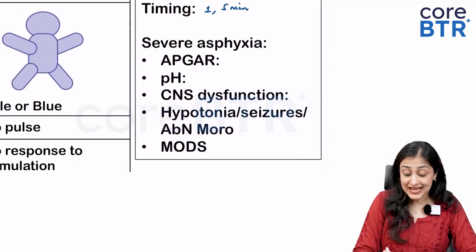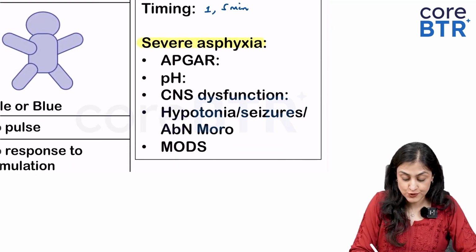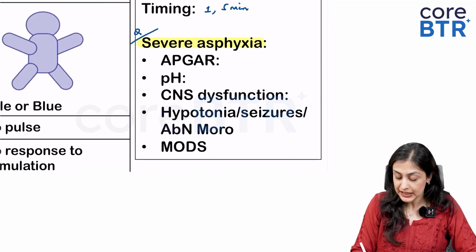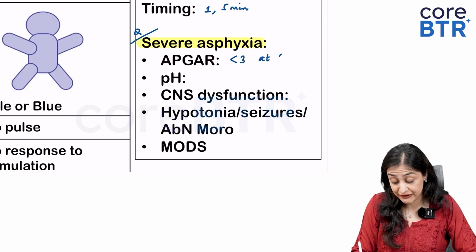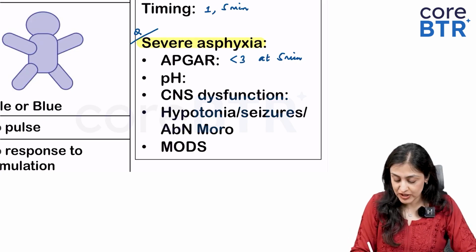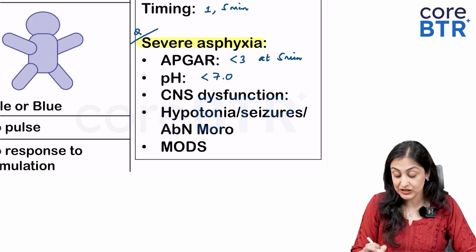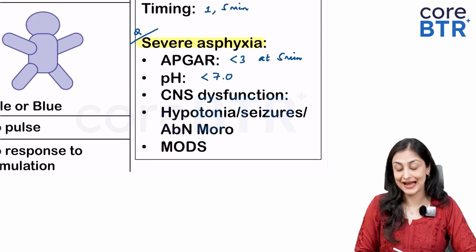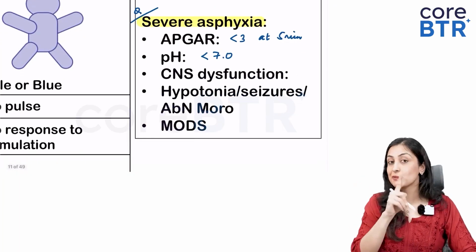Okay, so what are the signs of severe asphyxia? This has been asked 2 years back. Any APGAR which is less than 3 at 5 minutes, that's bad. Fetal scalp pH also we check. So any pH less than 7, acidosis in the baby, it's bad. Okay, don't mix this with 7.2.